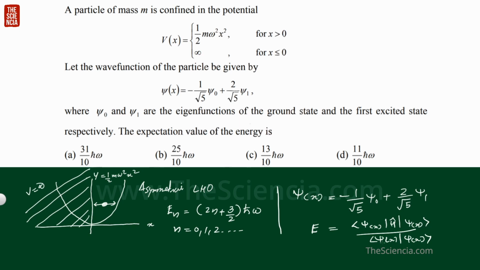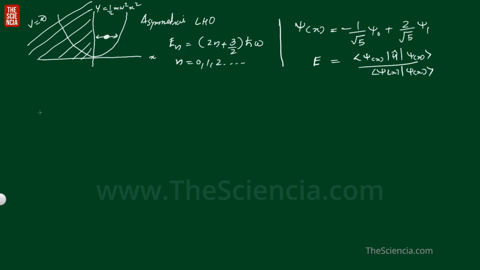This is the expression for finding the expectation value of energy. That is, energy E is equal to bra psi of x, the complex conjugate of this function. Here all are real values, so the complex conjugate will be the same.